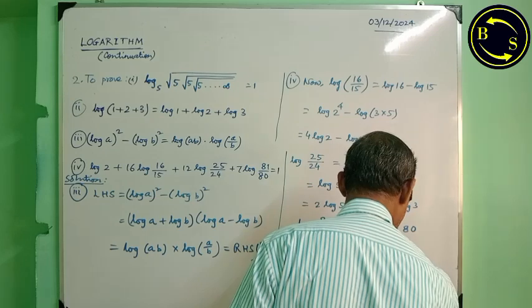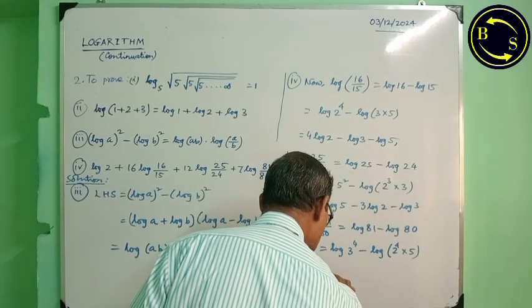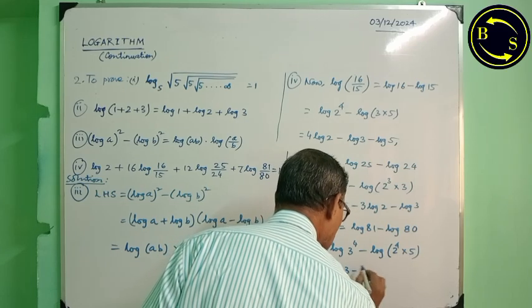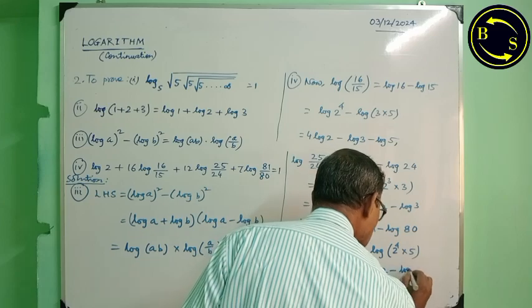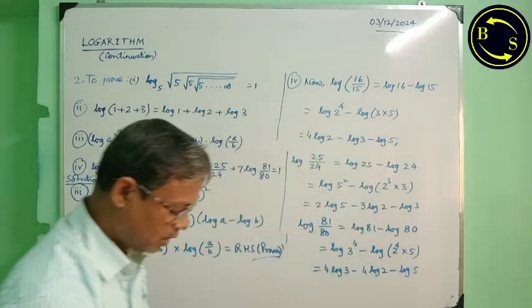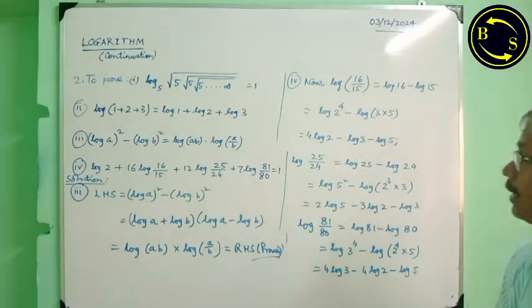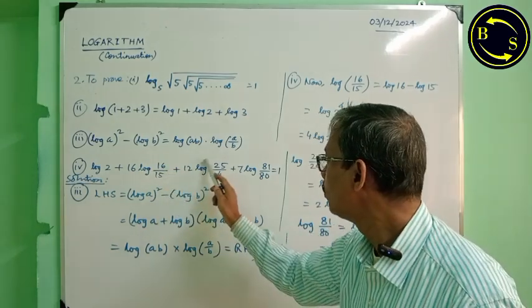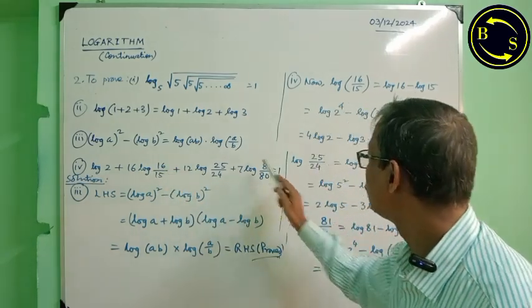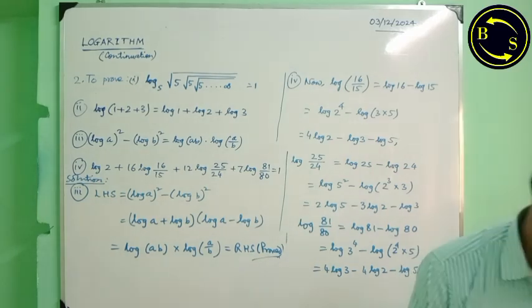Therefore, I can write it 2 to the power 4 into 5, that means 4 log 3 minus 4 log 2 minus log 5. To avoid the complication, I have calculated these three logarithms first, like this. Though it will be longer apparently, but it will be quite easier.